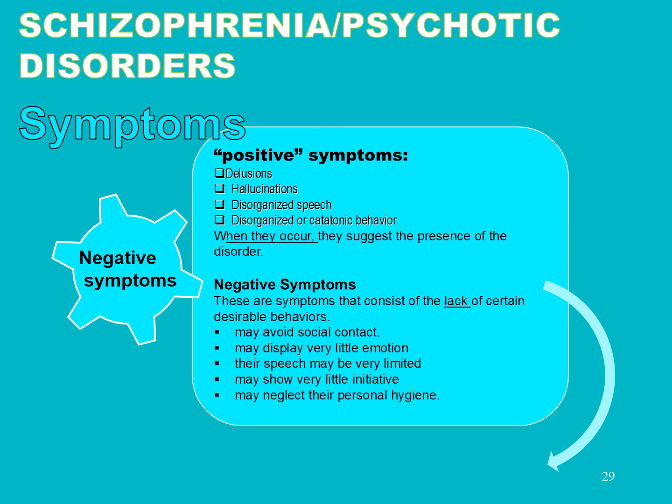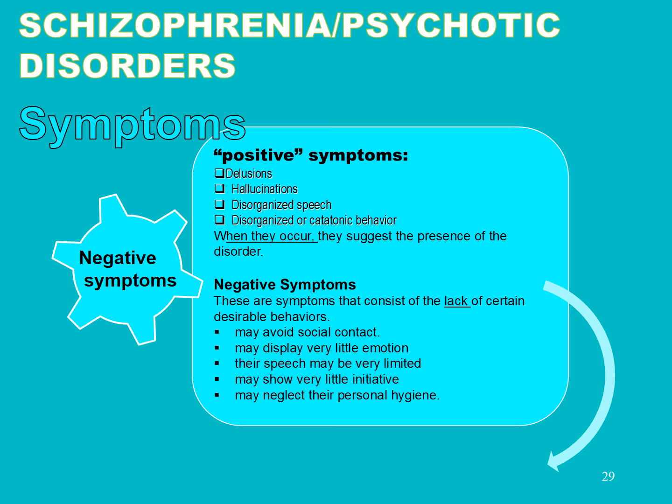The symptoms that I just described, delusions, hallucinations, disorganized speech, and disorganized or catatonic behavior, are called positive symptoms because when they occur, they suggest the presence of the disorder. Some other symptoms of schizophrenia are called negative symptoms.